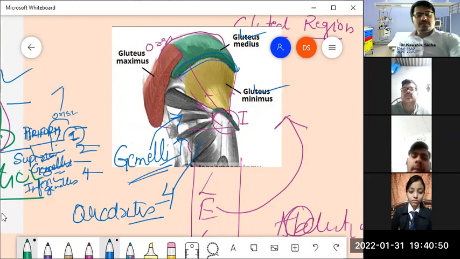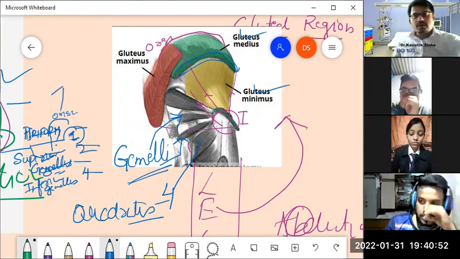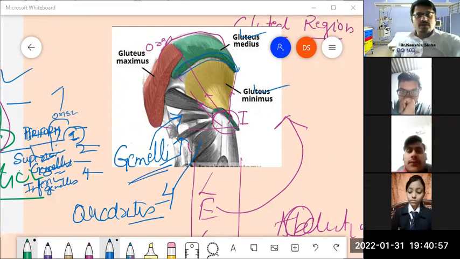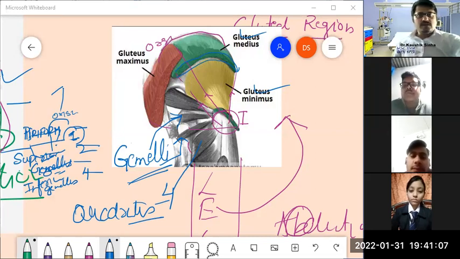All these muscles together contribute to the stability of the hip joint. Clear? So what are the muscles that we have noted here? Piriformis, superior gemellus, inferior gemellus, and quadratus.